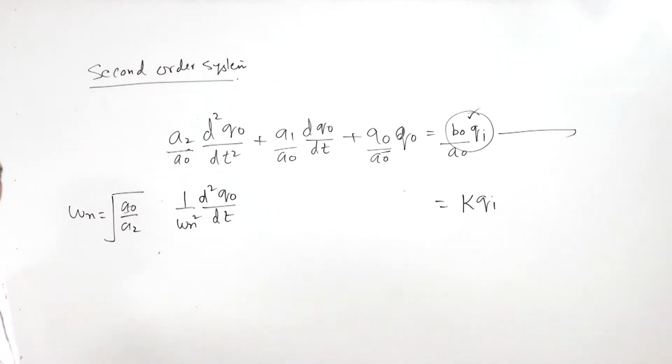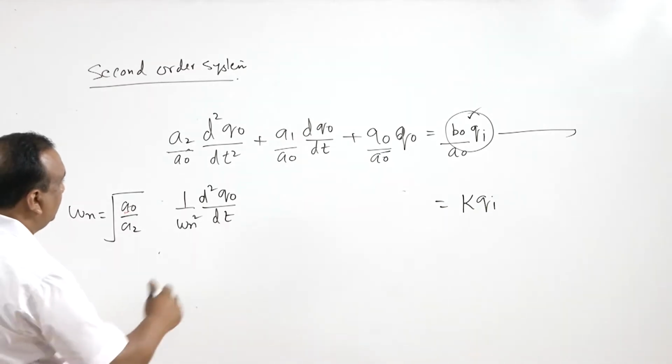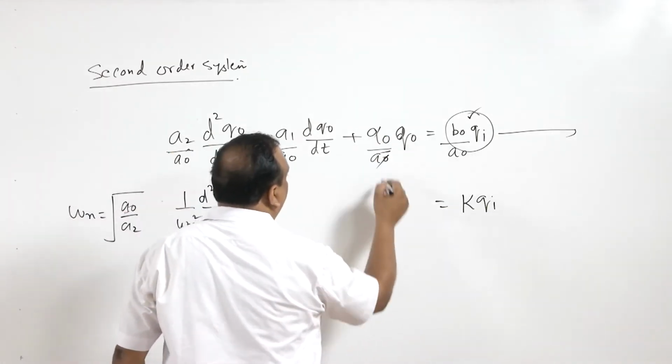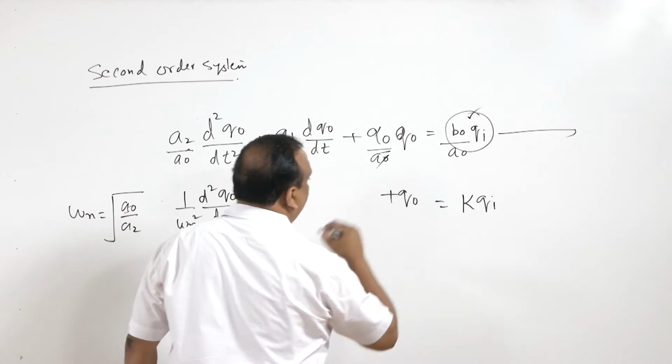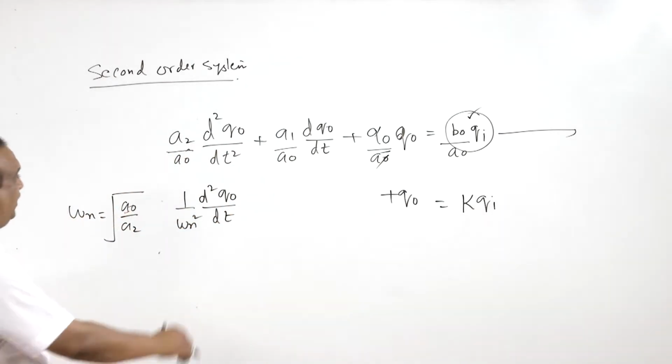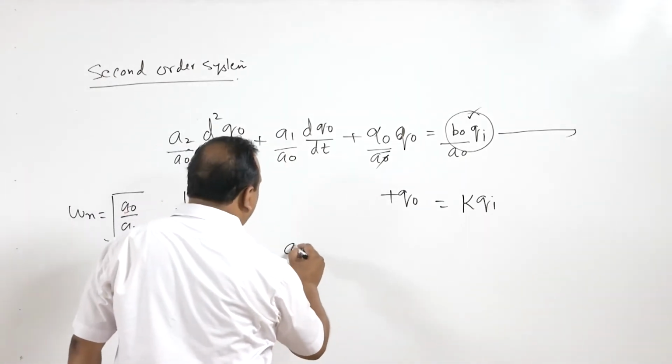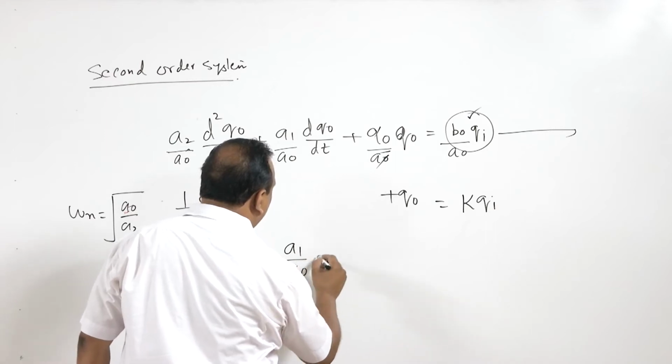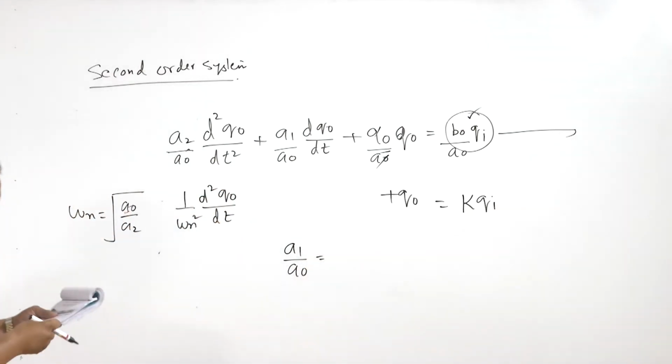We have done this for the first order system also. Now this AO by AO will be cancelled out, leaving QO. Now A1 by AO is remaining.